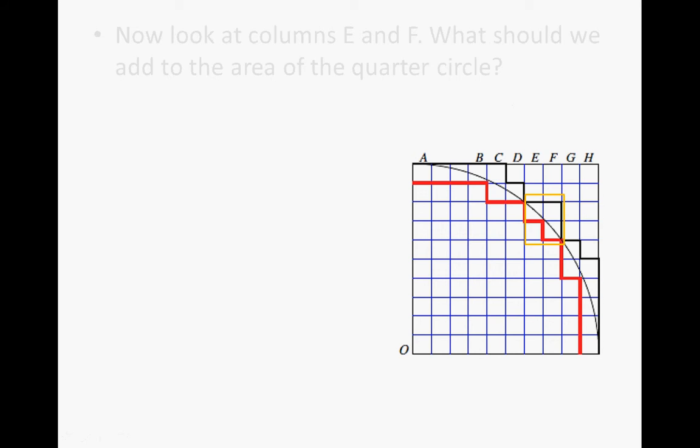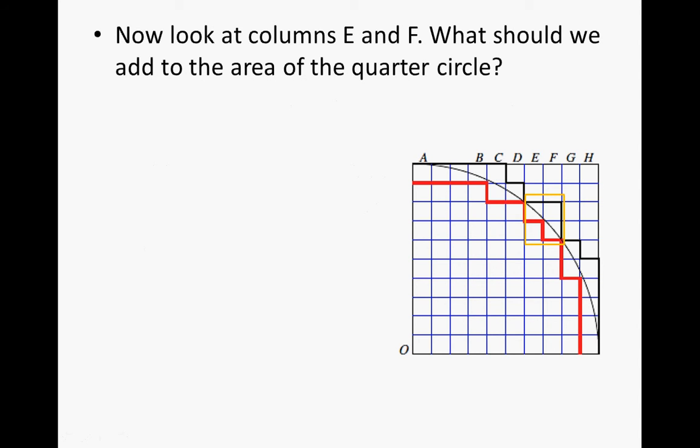Now we're moving to E and F. If we look at that, how many do you think we would have? Well, again, because we're looking at this quarter, it almost looks like it's cut in half, so this 1/2 plus this other half would be another 1 square.